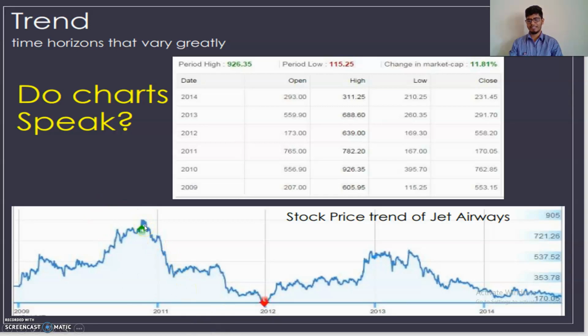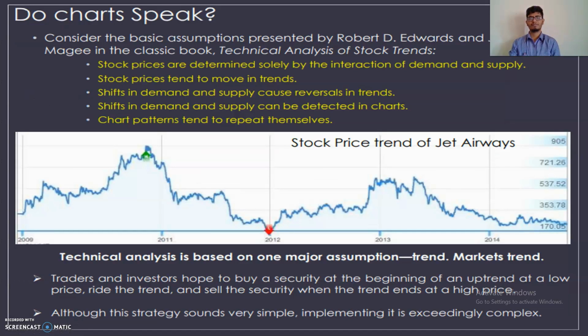Here is the high price you can identify. Here is the low price you can identify. In the long run, from 2009 to almost the end of 2014, the Jet Airways prices decreased. You know the issues of Jet Airways, right? So the prices decreased. They lost their reputation and even their market. So this is another example.